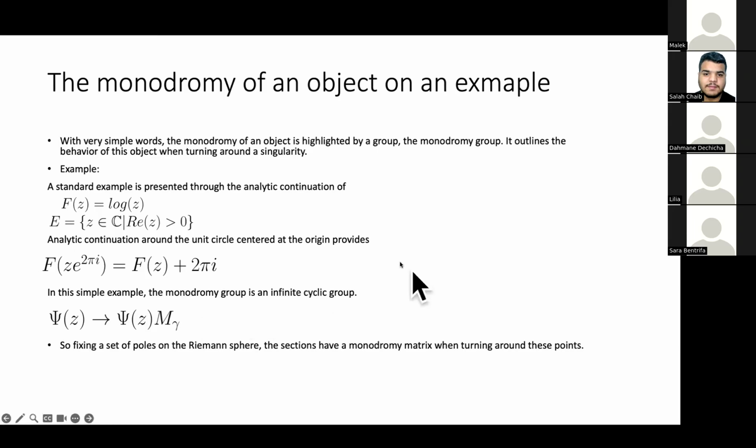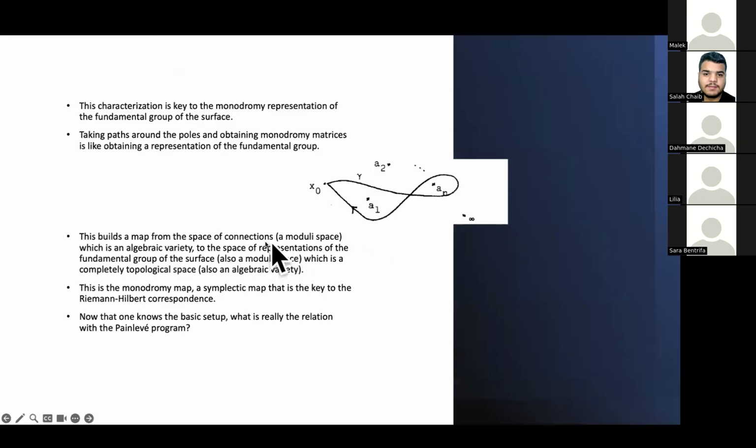This observation is also key for another thing, which is the characterization. This characterization is key for the representation of the fundamental group. You might have guessed that taking loops around singularities will tell me something about the fundamental group.